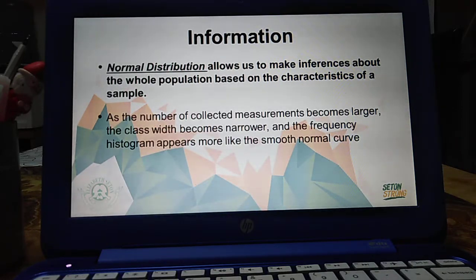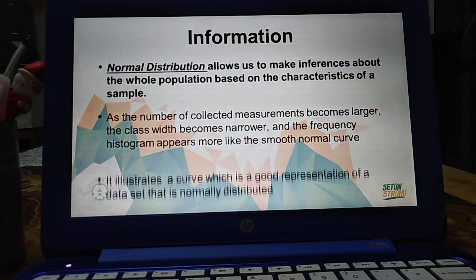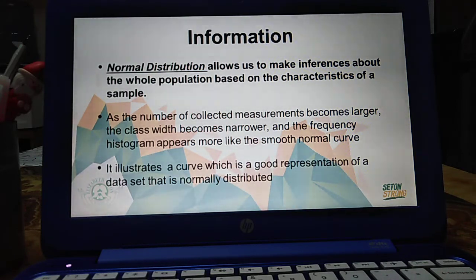As the number of collected measures becomes larger, the class becomes narrower, and the frequency histogram appears more like the smooth normal curve. So it now illustrates a curve which is a good representation of a data set that is normally distributed.